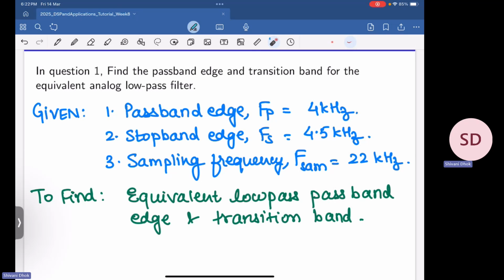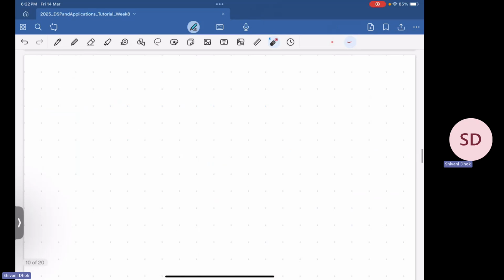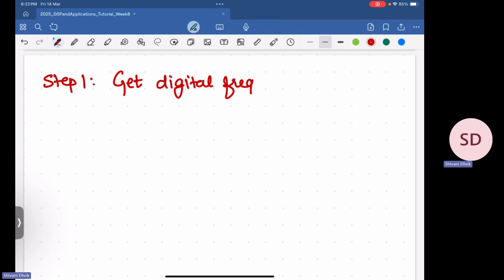So the first step in order to solve this question is to get digital frequencies, little omega, using omega equal to 2 pi f by fs.